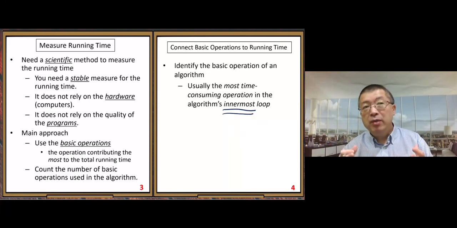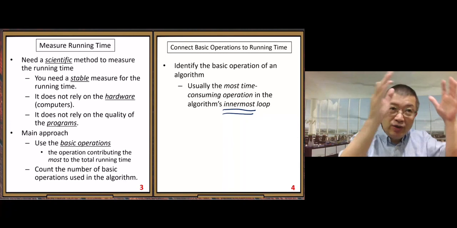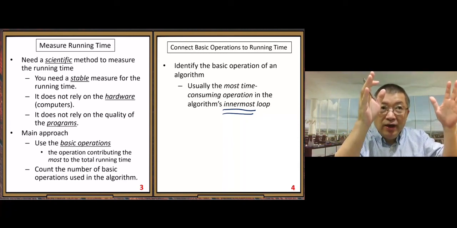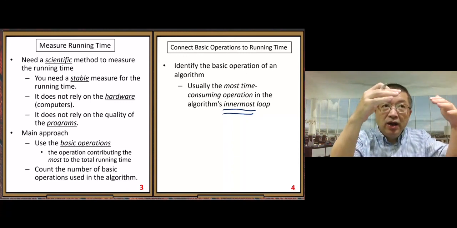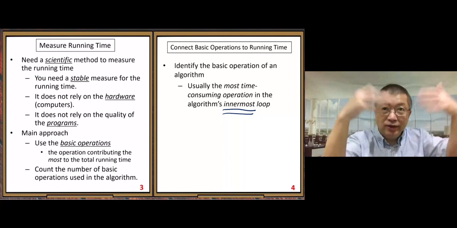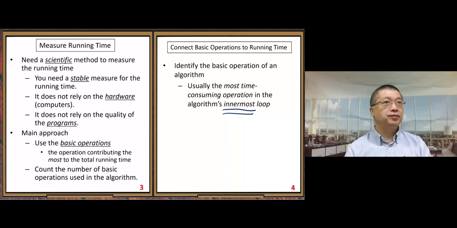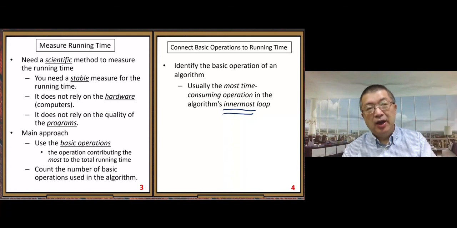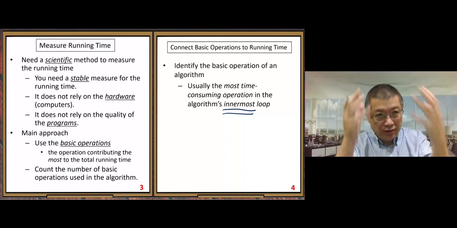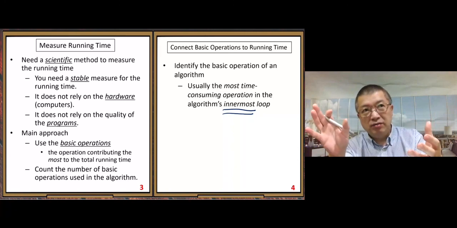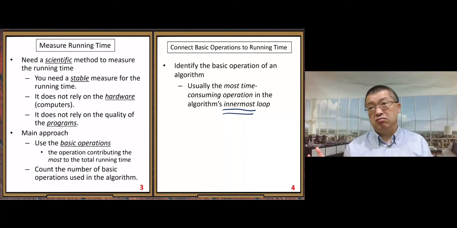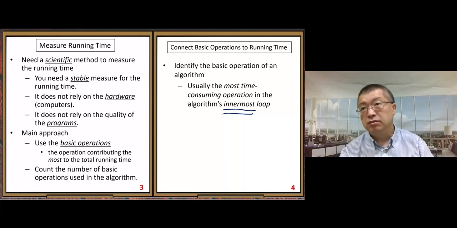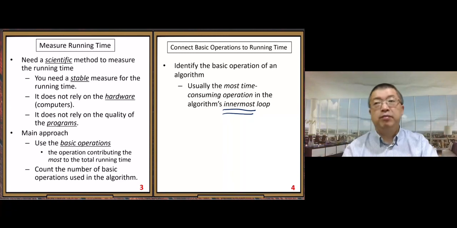We know when we implement an algorithm, usually we need to use many for loops, while loops, right? Sometimes nested loops. When you use nested loops, in the innermost loop, when you do some operation, that's the most time-consuming, because you do that operation most of the time. So we make that the basic operation.